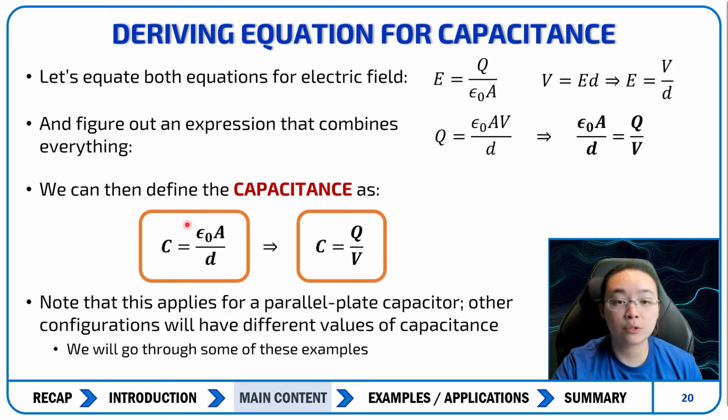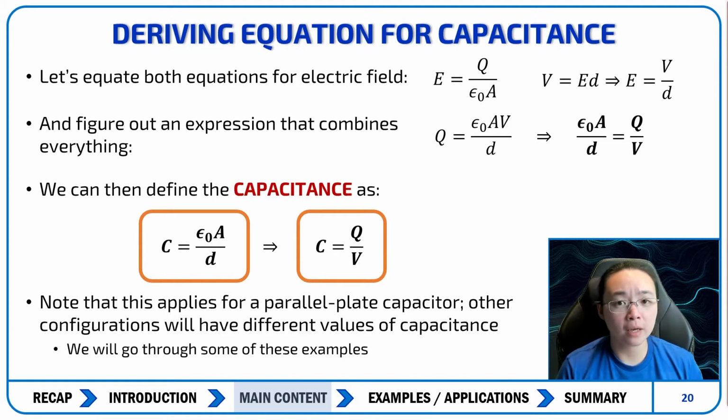So in this case, there are two ways of defining capacitance. If we know the setup of the capacitor system, then we can use this equation because we'll know the separation distance, we'll know the area of the plates or the conductors. If we have a circuit and we're looking at charge and potential difference, if those values are given to us, we can just say capacitance is equal to the charge over the potential.